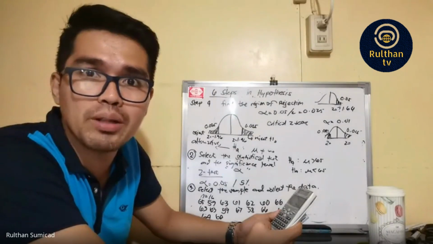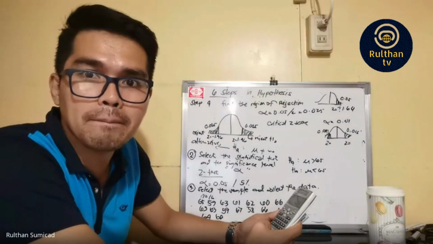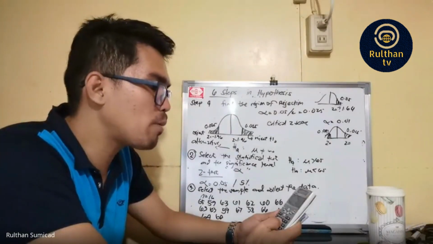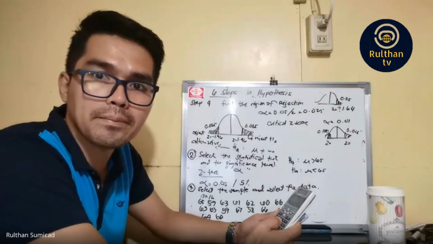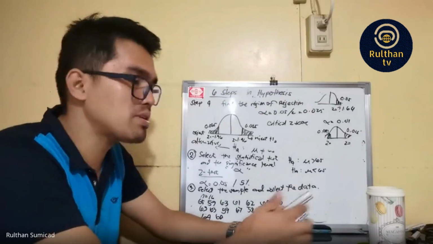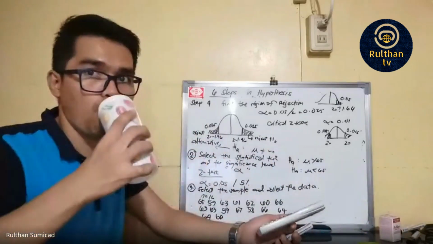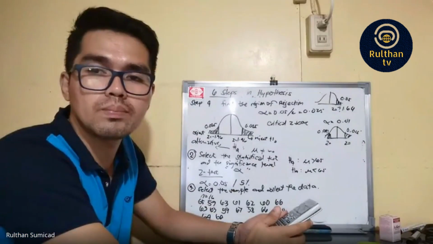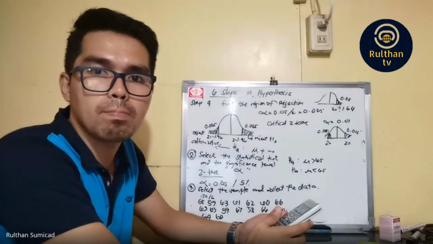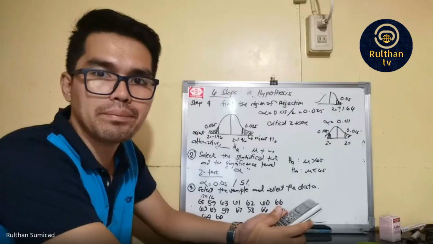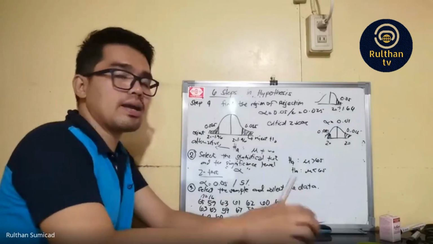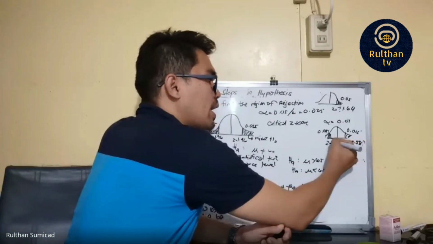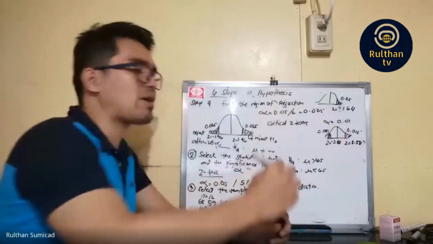I'm not sure if it's 2.58 on your end. You look for 2.58 if it's closer to that probability, because I was not handling my own Z table. Anyway, more or less it's 2.58 or negative 2.58. That is if our alpha is 1%.